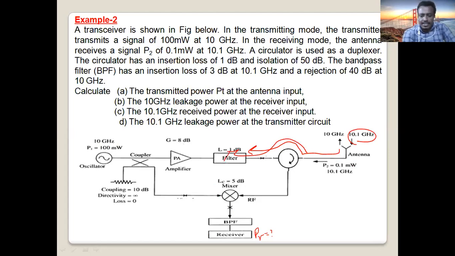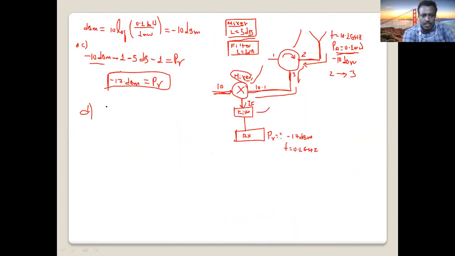How much is that leakage? That's the next question. Leakage from the antenna to the transmitter. How much signal comes from the antenna side? Minus 10 dB, right? 0.1 converted into minus 10 dB.